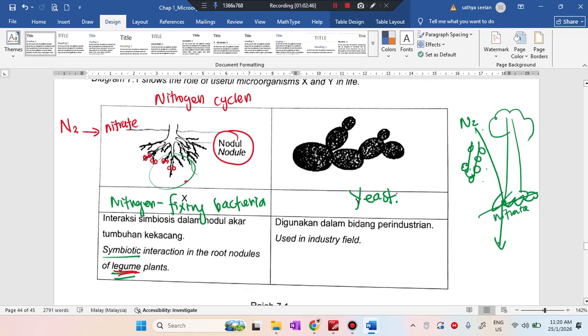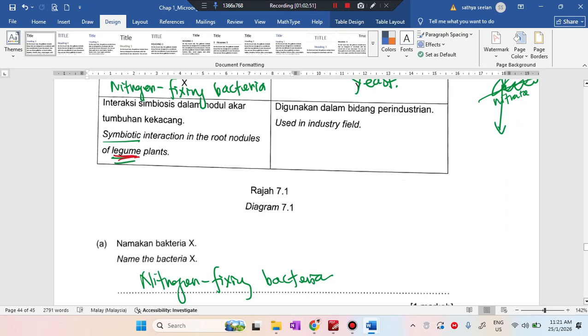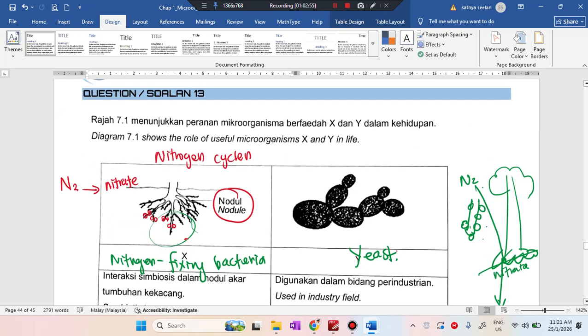In the exam, of course, you already learned chapter 2, so now you know. We call it nitrogen fixing bacteria, because the process of nitrogen turning into nitrate is called fixation. Nitrogen fixation. So the bacteria that carries out this process is the nitrogen fixing bacteria.